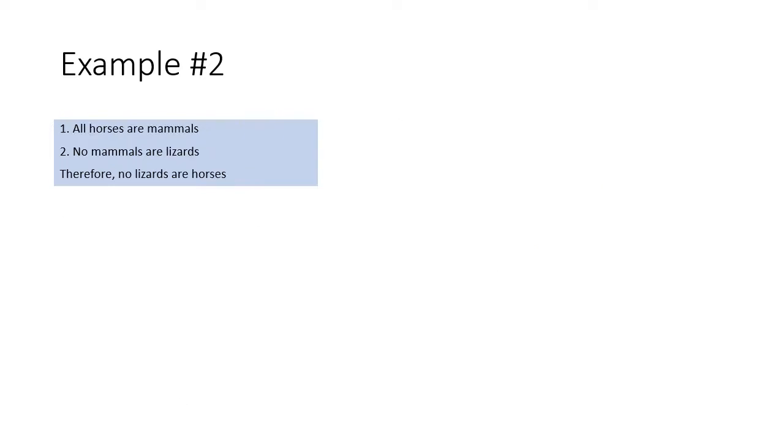Okay, example number 2. Here's a situation where everything is a universal, so all horses are mammals, no mammals are lizards, therefore no lizards are horses. The subject of the conclusion here is lizards. The predicate of the conclusion is horses. And mammals is the middle term.